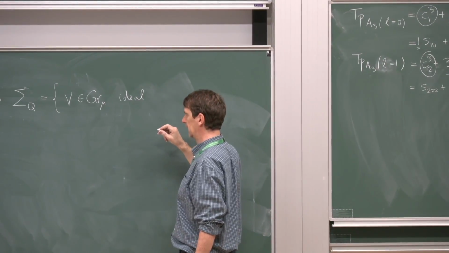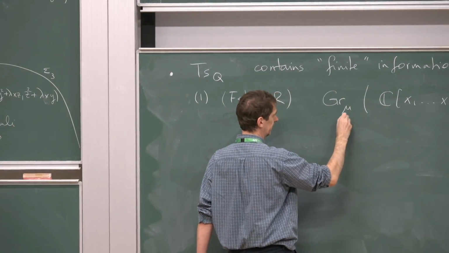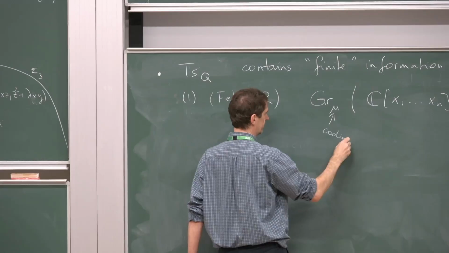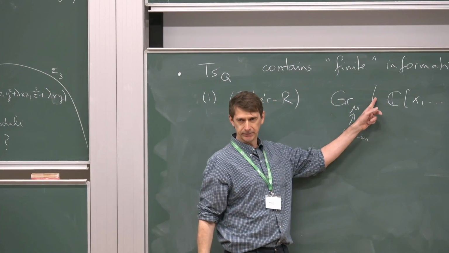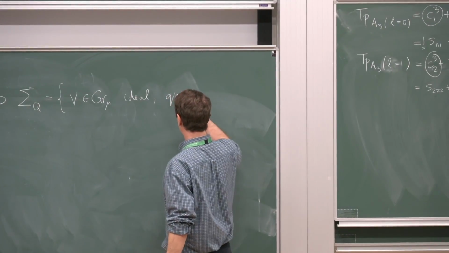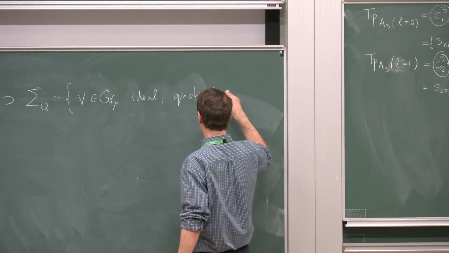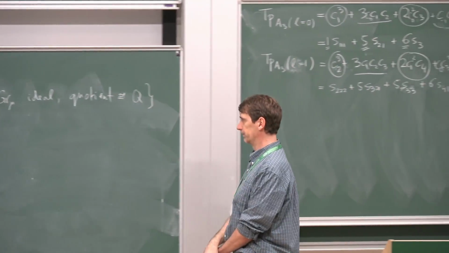and oh yeah, by mu I mean the codimension, right? This is an infinite dimensional space. Let this be the codimension of the linear space. So let's suppose now that this is an ideal, and the quotient is isomorphic to Q, to a particular algebra.